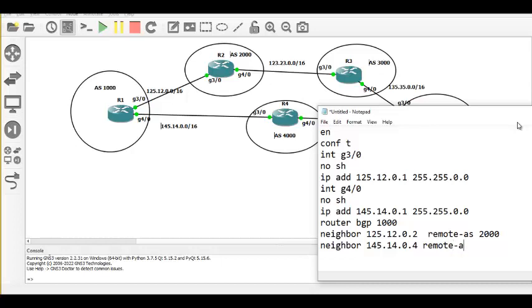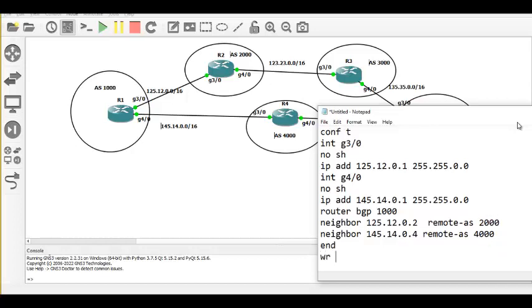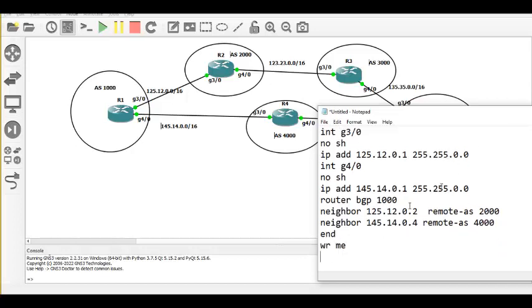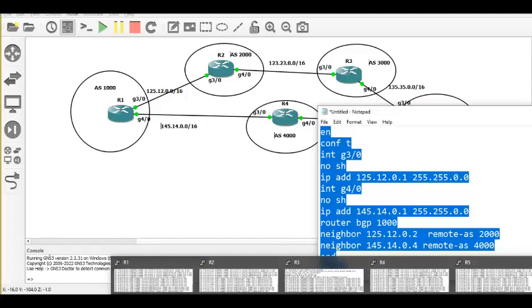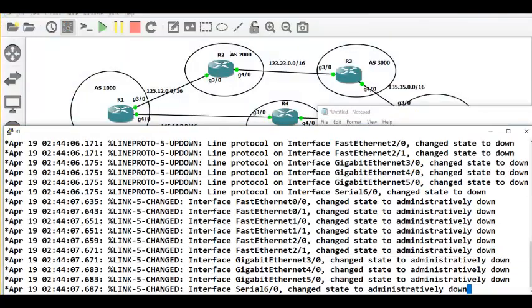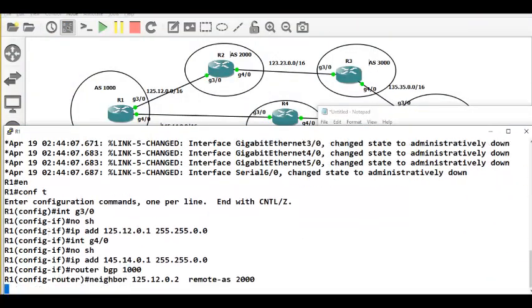Remote AS 4000. That's all. So these are all the configurations that are supposed to go on router 1. I'll go to router 1. Finish. Done.